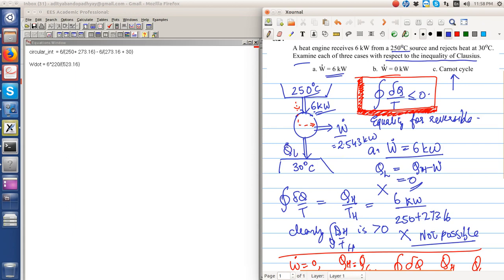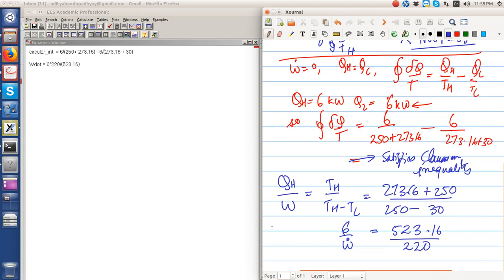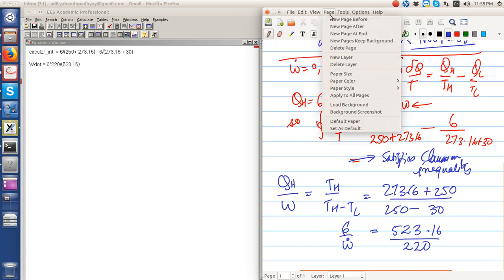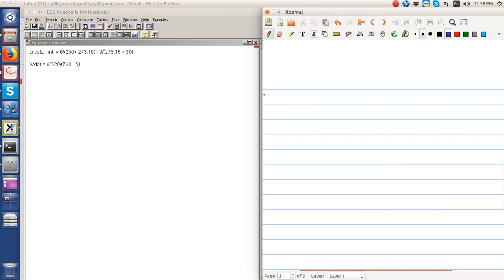So in this question, the important concept is that if the system is working in a cycle, the integral of del Q by T must always be less than or equal to 0.